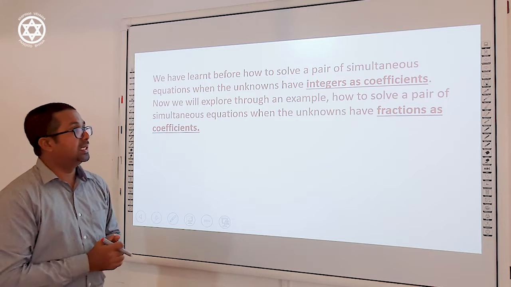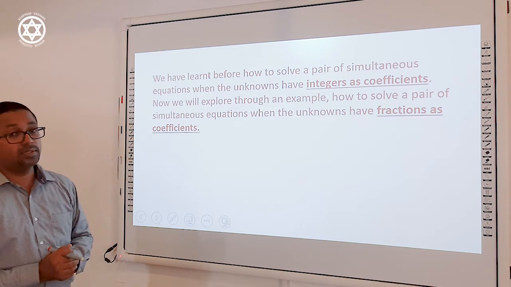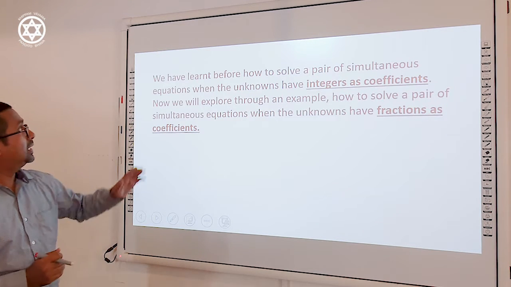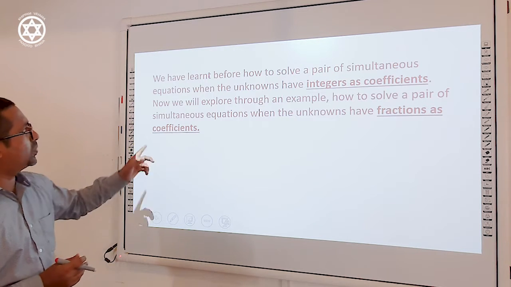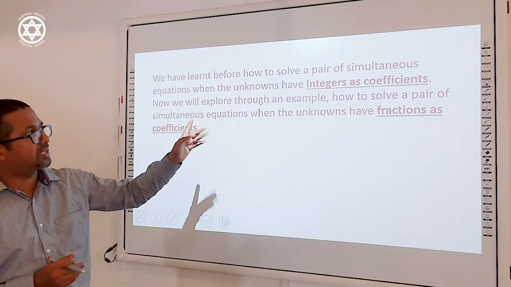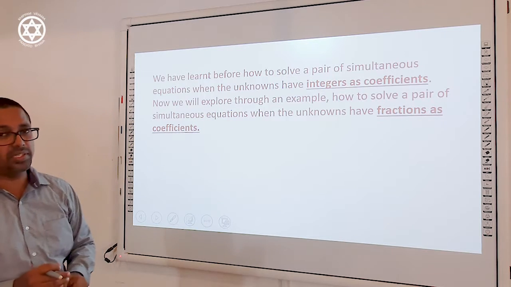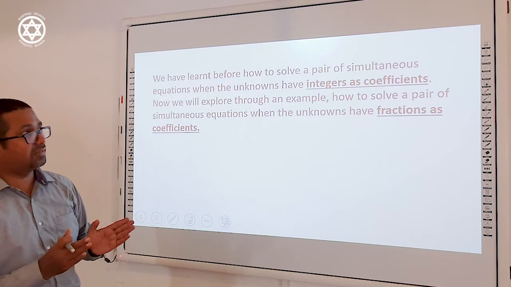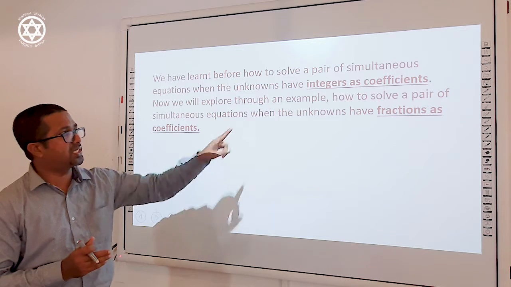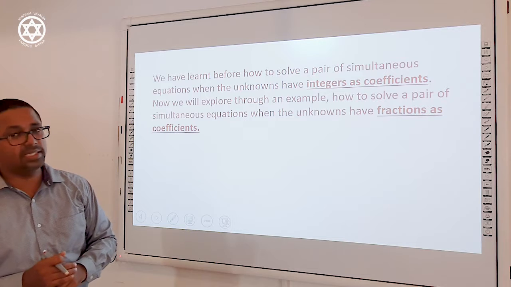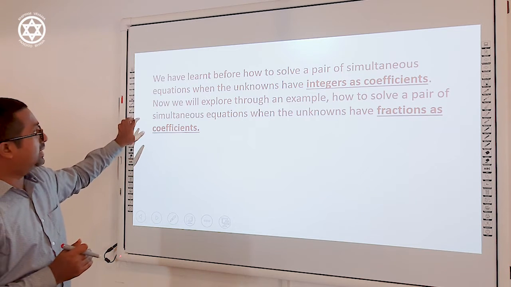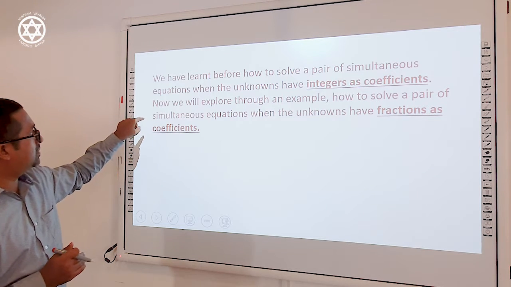The next part is what we have to learn in grade 11. We have learned before how to solve pairs of simultaneous equations when the coefficients of the unknown terms are integers. Earlier we solved simultaneous equations in which the coefficients are integers, and here under the grade 11 syllabus we have discussed this.